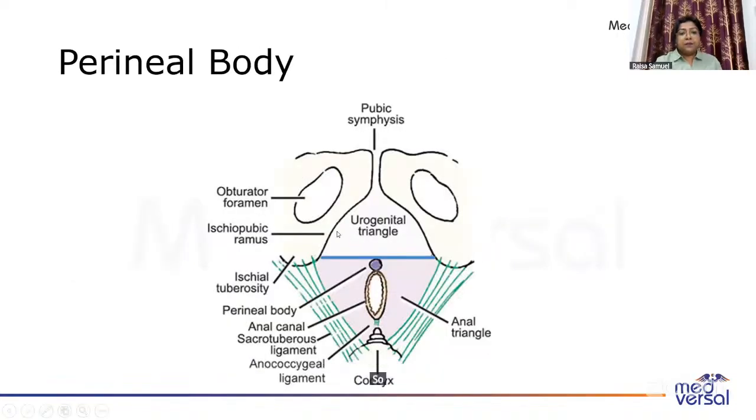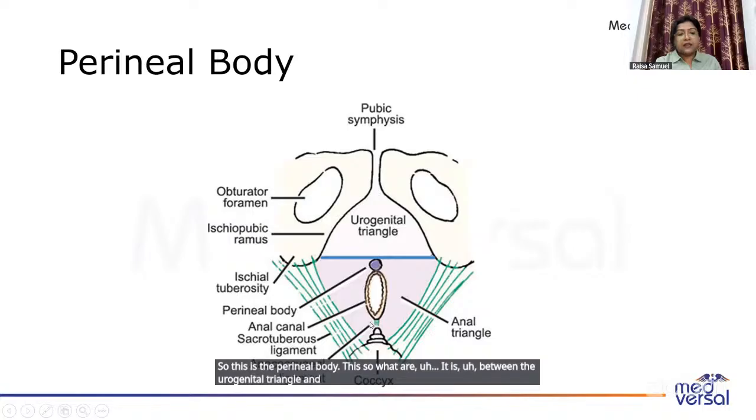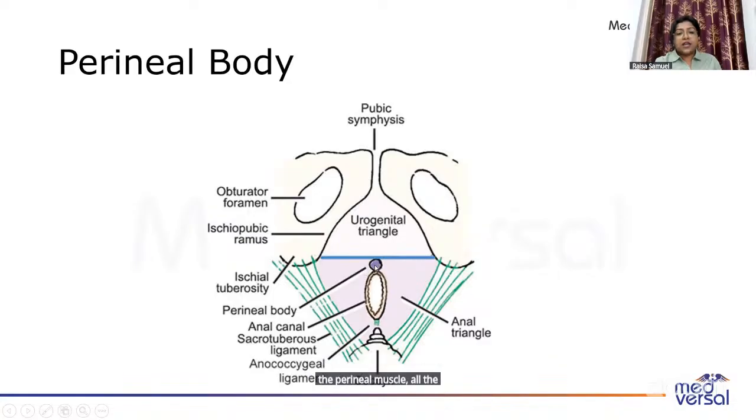So this is the perineal body. It is between the urogenital triangle and the anal triangle, and all the muscles, levator ani, superficial transverse perineal muscle, deep perineal muscle, all get attached at this point.